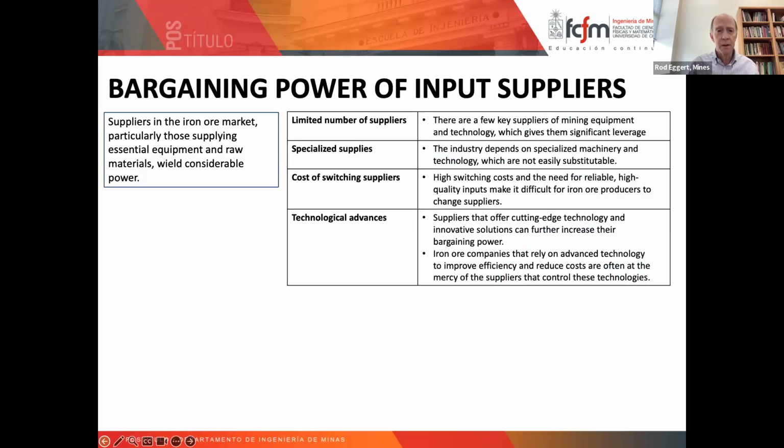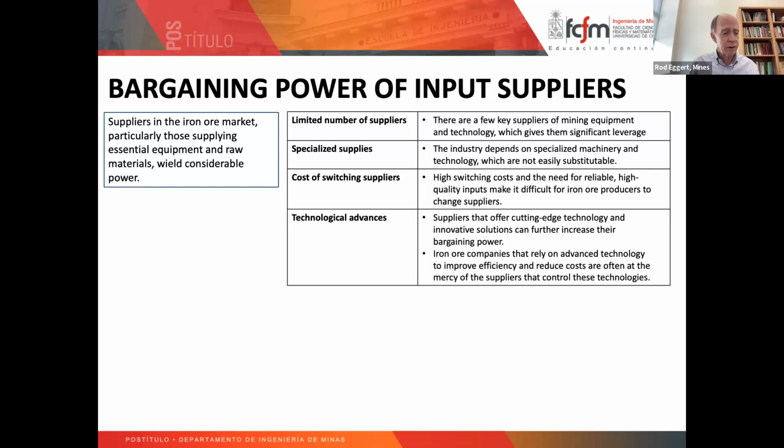There we go. So on the left-hand side, you conclude that suppliers wield considerable power. And then on the right-hand side, you explain significant leverage in the hands of a limited number of suppliers, specialized supplies which are not easily substitutable.